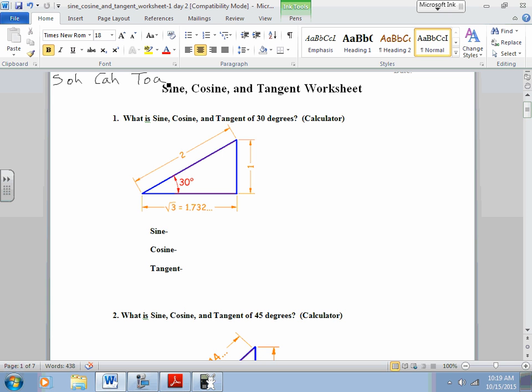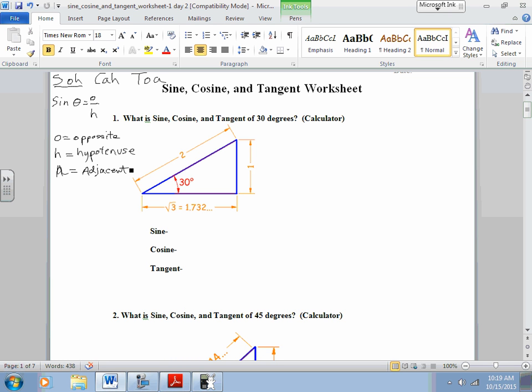Remember that the first one is the sine of an angle is equal to the opposite over the hypotenuse. So O means opposite. H means hypotenuse. And A means adjacent.